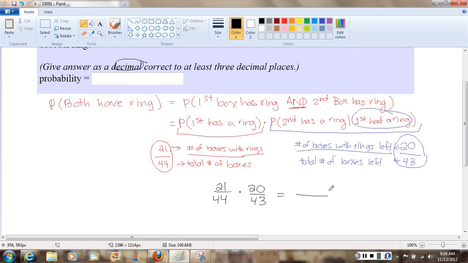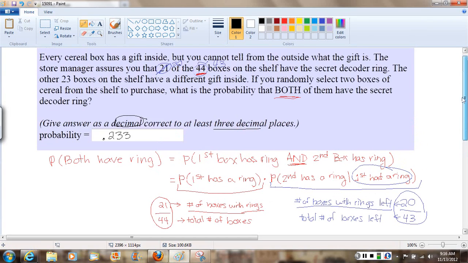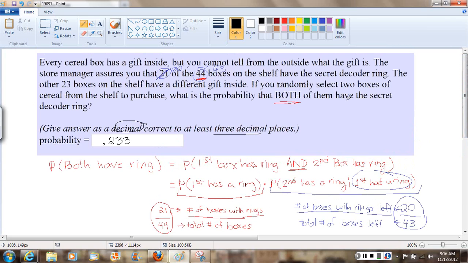When I do that out, I've got 0.23308, so I'll round to 0.2331. It asks for a decimal correct to at least 3 decimal places, so we could just enter 0.233 as our answer. So that would be the probability of getting 2 secret decoder rings when you buy 2 boxes of cereal.